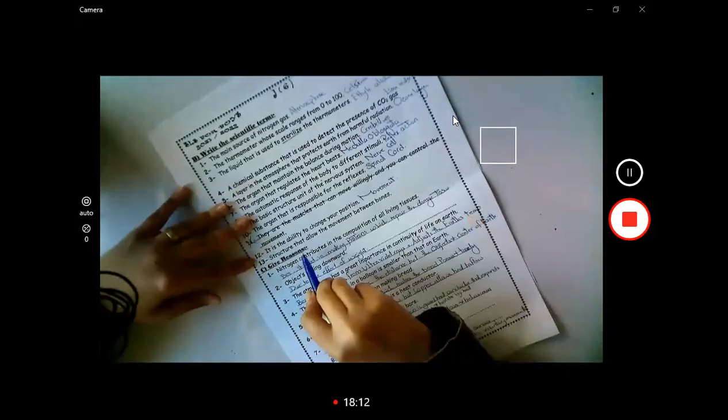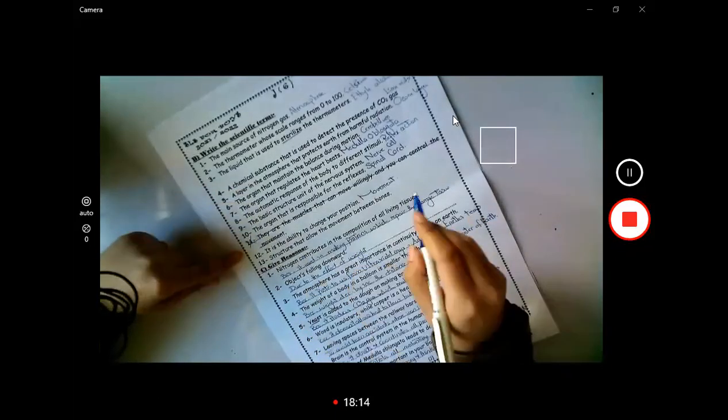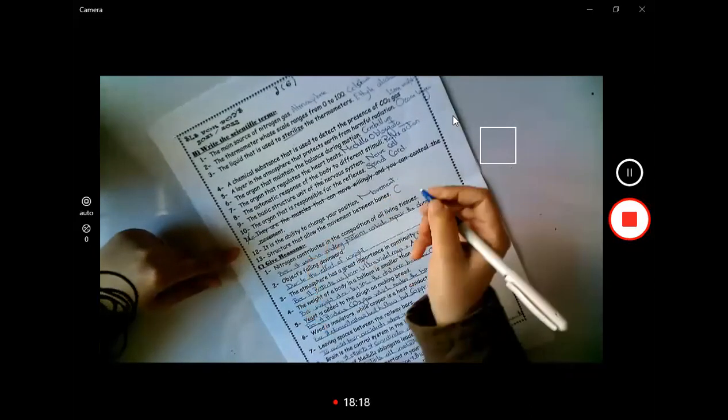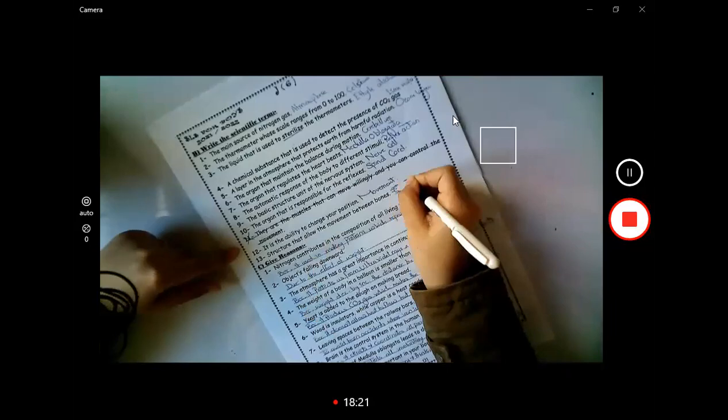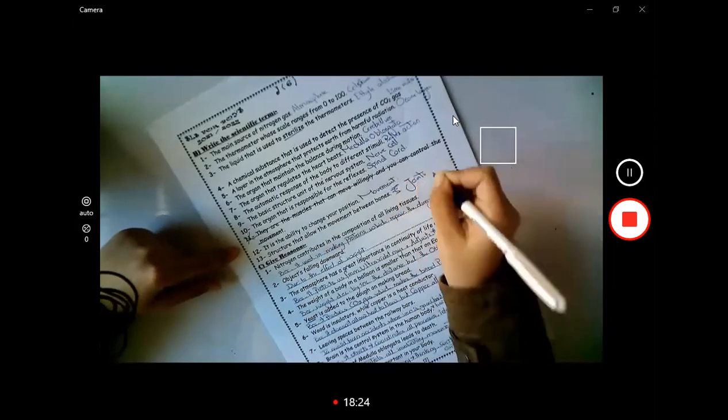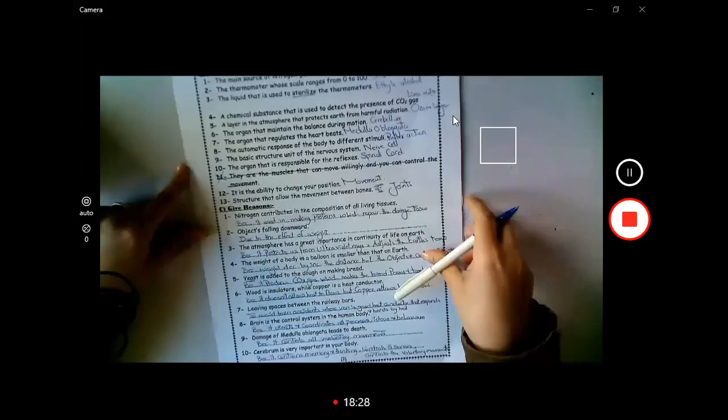Structure that allows movement between bones: joints. الكارتلج prevent friction. لكن الجوينت هي الستراكشر that allow movement between bones.